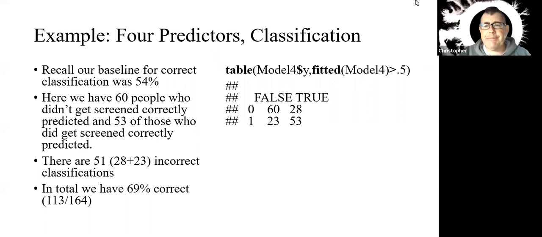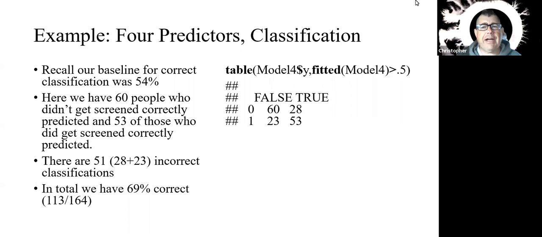Taking this example a little further, we can look at classification for the four predictors. Chi-square is a nice significance test for how well our model fit. Classification, to me, though, seems a little easier to interpret, and gives you a better sense of how well you are predicting people.